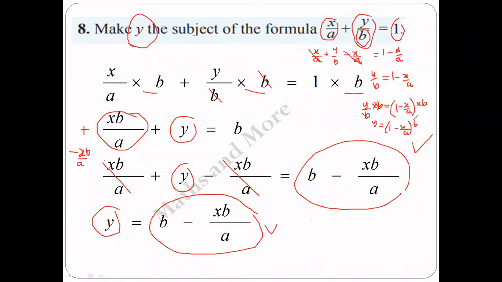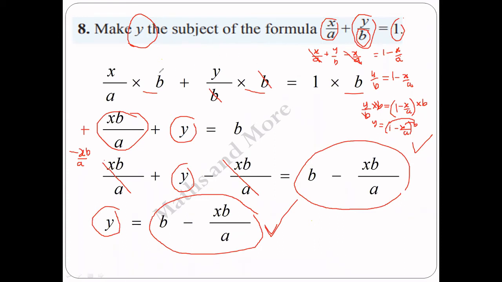If you remove the brackets here, 1 into B, so here B, minus, if you multiply this term by this, then X into B, XB over A. Same answer. For both methods, you will get full marks. Okay? Both methods are correct.